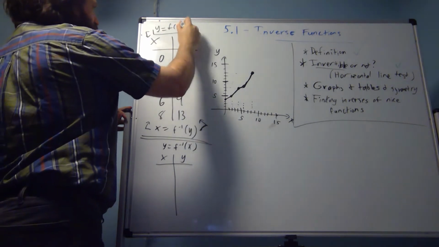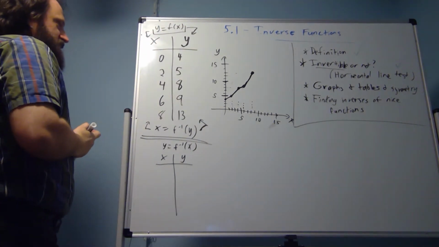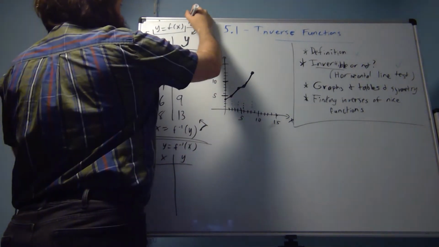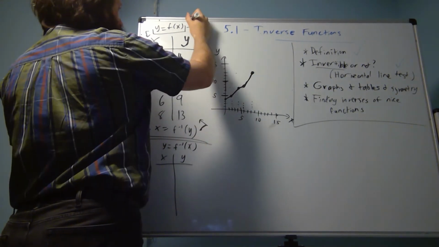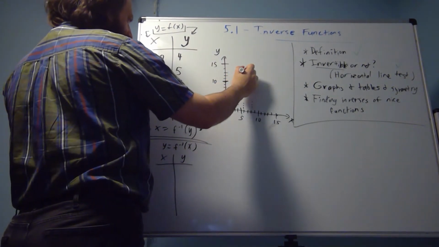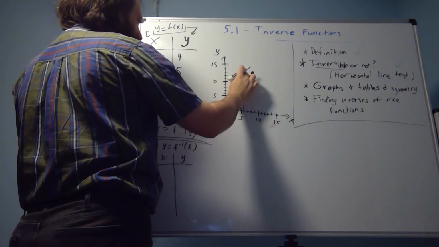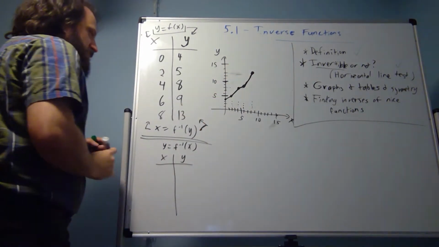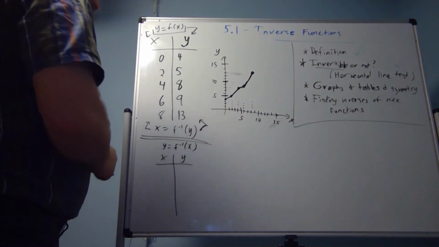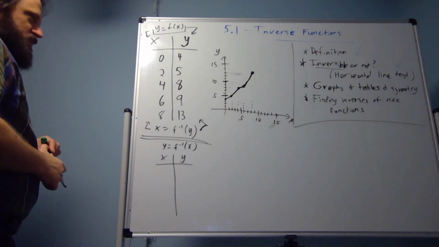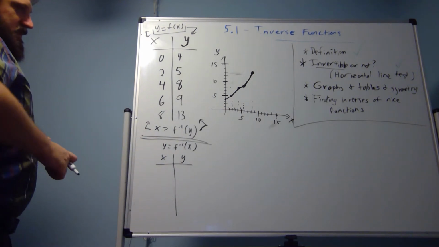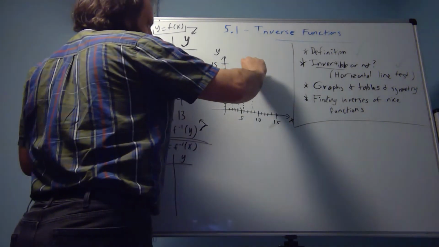Okay, so the idea is that I have this function that I originally defined just using a table, and let's just say that it's also piecewise linear in between the sample points, just to extend the definition to give us a little bit more to work with. If we did have a function that was linear in between the sample points, and it was strictly increasing, well, first of all, here's the horizontal line test.